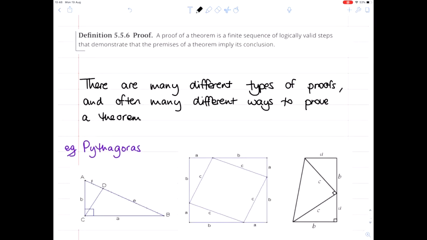So, how do we actually prove a theorem? Well, a proof of a theorem is a finite sequence of logically valid steps, things using the propositional calculus that we've developed already, that demonstrates that the premises of a theorem imply its conclusion.